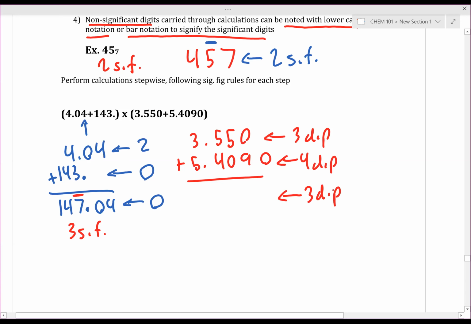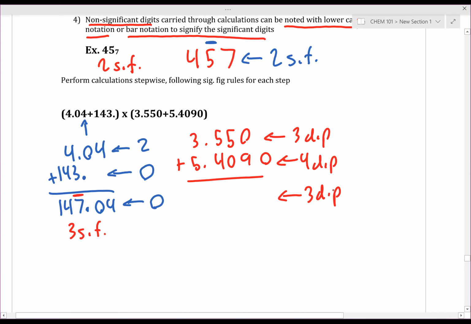Okay. With that established, let's now switch and punch this into our calculator. So we have 3.550, okay, plus 5.409.